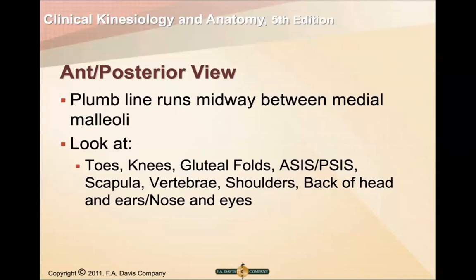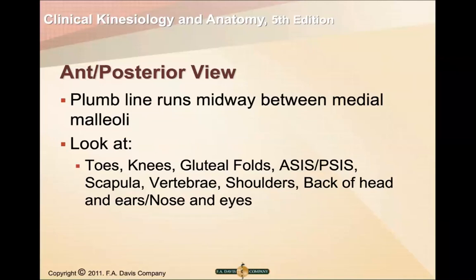You might look from the sides at the ASIS and the PSIS, the level. Where it says gluteal folds, you might wonder, why do I have to look at that? Well, that would show you if they have a leg length discrepancy, if one leg is slightly longer than the other.